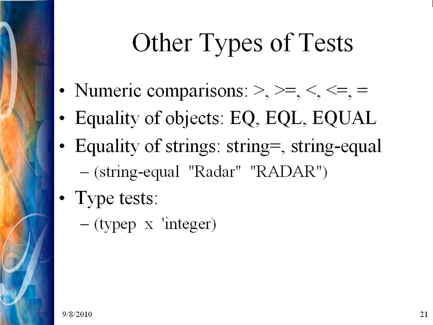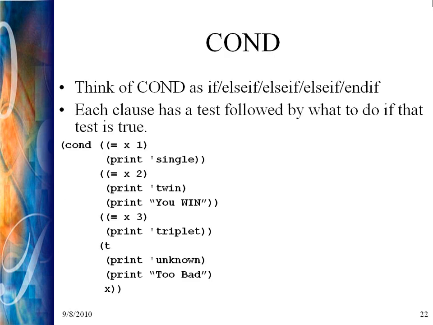So there are predefined tests like cond, which simply is short for conditional, which is a series of tests and has a format that is easier to read. It isn't a series of nested if statements. So the format of a cond statement is its arguments are a series of lists.